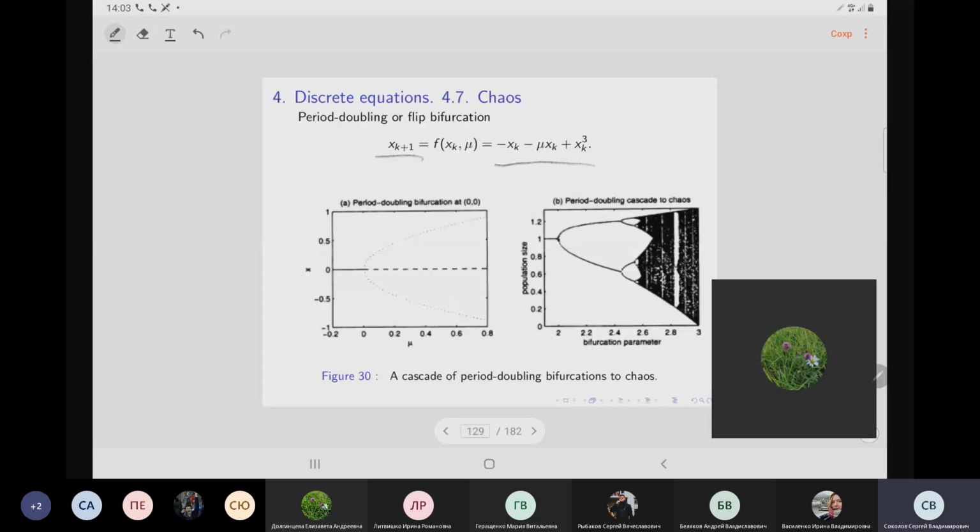And with the further increase of mu, we get a very strange picture. This one. So when mu is less than 2, there is only one stable solution. When we increase mu, there are 2 period solutions.